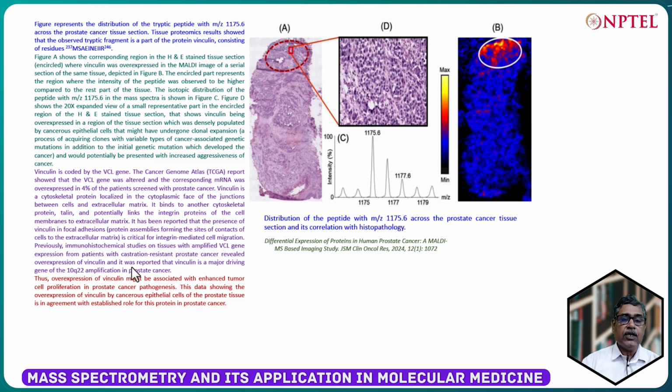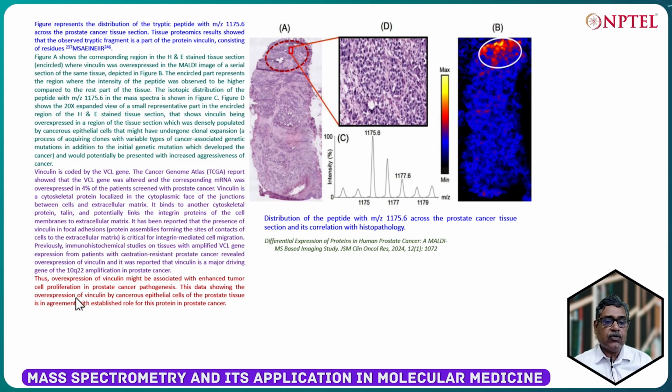Previously, immunohistochemical studies on tissues with amplified VCL gene expression from patients with castration resistant prostate cancer revealed overexpression of vinculin, and it was reported that vinculin is a major driving gene of the 10q22 amplification in prostate cancer. So, whatever we are finding is nothing new, but it is very well correlating. That is the most important part. Thus, overexpression of vinculin might be associated with enhanced tumor cell proliferation in prostate cancer pathogenesis.